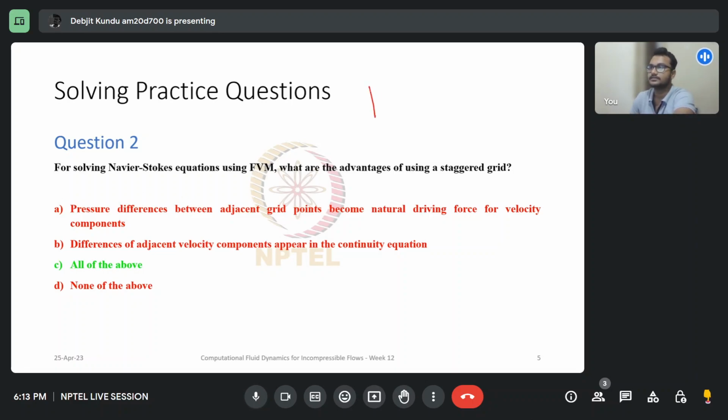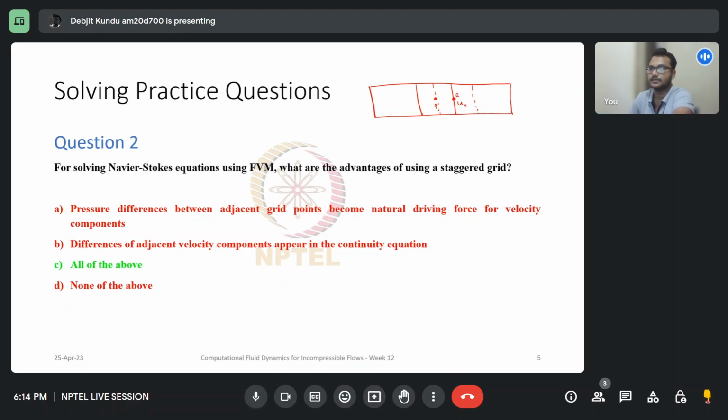So instead of a collocated grid, if I'm using a staggered grid, so if I have a cell like this for calculating the pressure, I will have a staggered cell like this, which is sort of shifted in the x direction, and in the center of that I'll be storing the velocity components. So as compared to this cell at E, U would be stored.